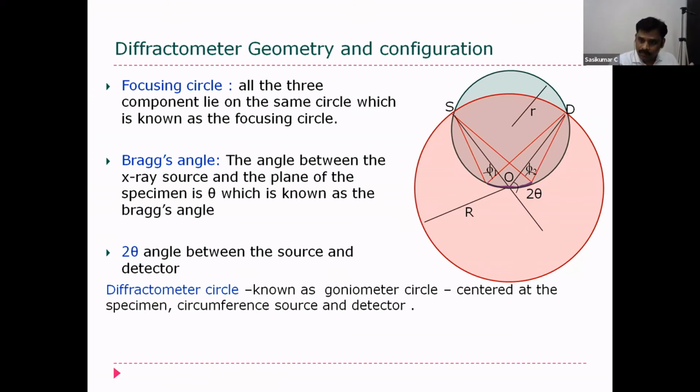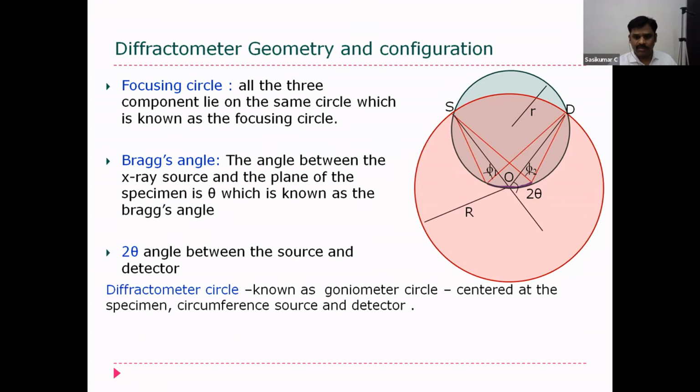Now, the diameter of this goniometer is very important. It may be 140 mm, 180 mm, 240 mm or relatively larger; you can design various diameters, and if the diameter is larger, your accuracy will be much better.